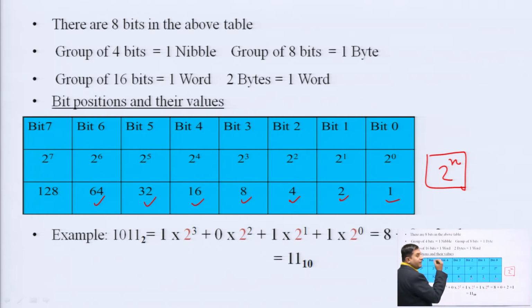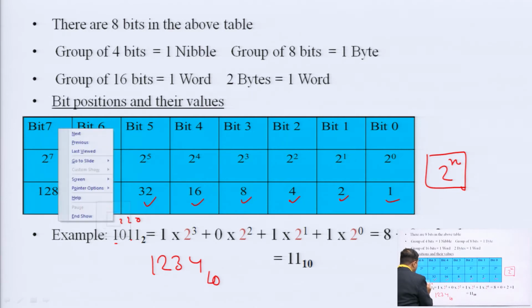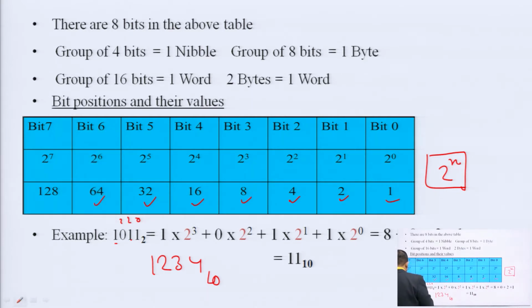So, like that in the previous example we have written 1, 2, 3, 4 and base was 10, here 1, 0, 1, 1. This is binary number system because base 2 is given. So, like that we are going to multiply, this is the 0th position, 1, 2 and 3. So, here we have written 1 into 2 to the power 0 plus 1 into 2 to the power 1, then 0 into 2 to the power 2 plus 1 into 2 to the power 3, right.